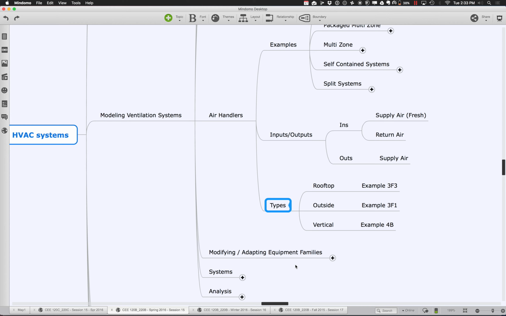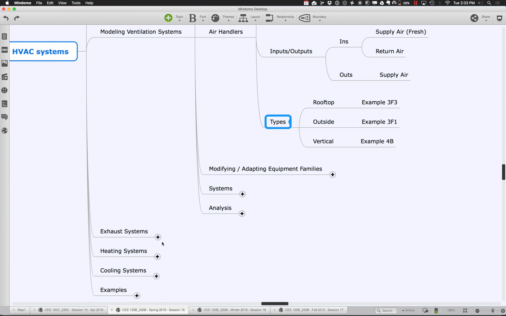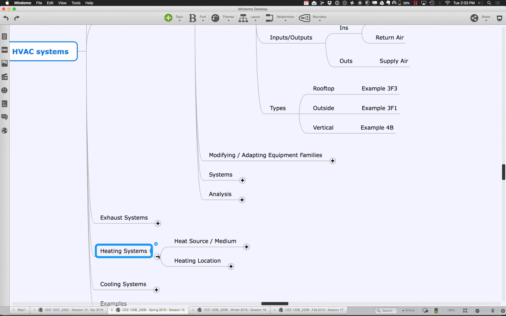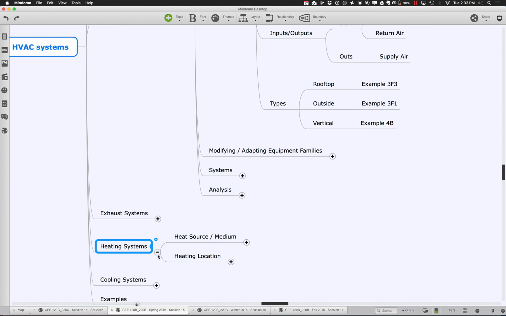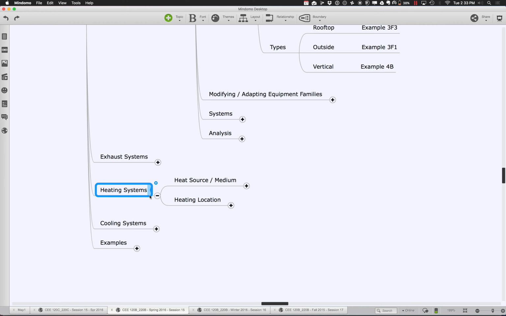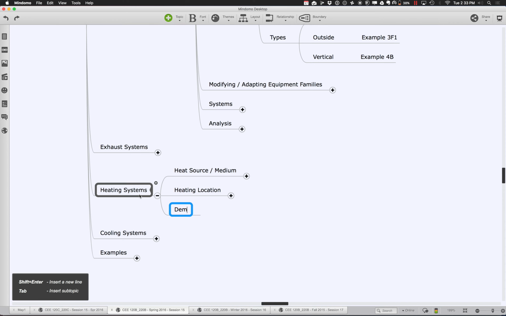We want to think about, in terms of heating and cooling, the alternatives for how we provide it, as well as the source of the heating or cooling and what those loads are going to be, as well as what the demands are. There are really 3 things. When thinking about heating and cooling, we always have the demand.